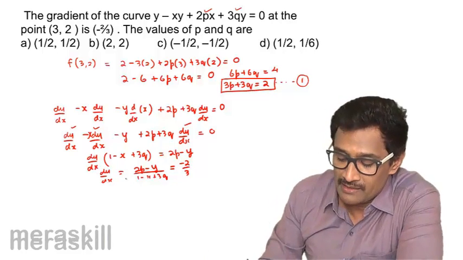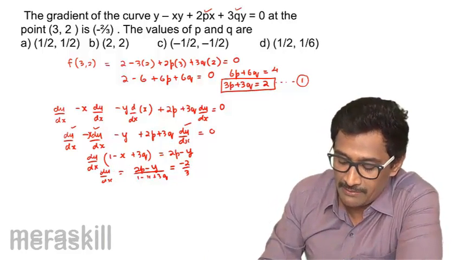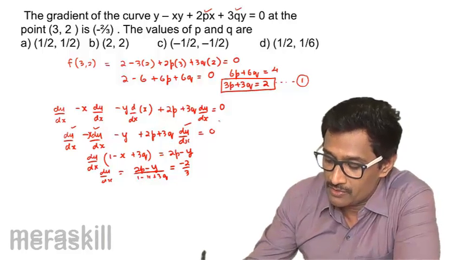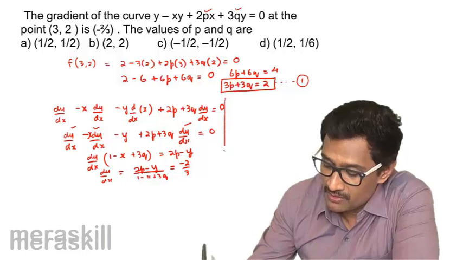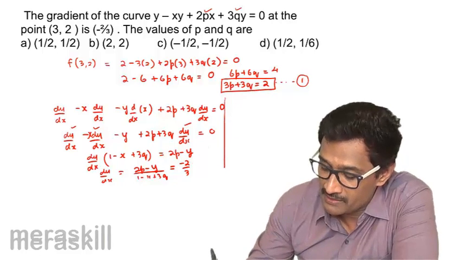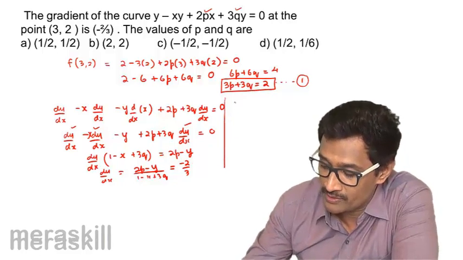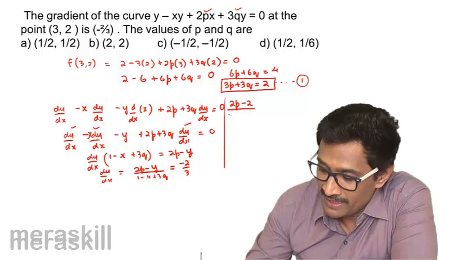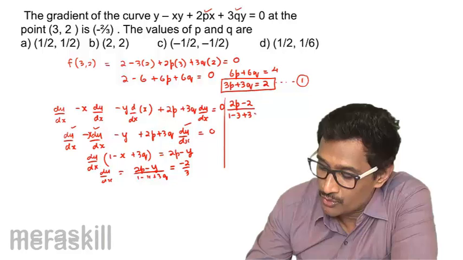So it's told that the slope of the tangent, that is dy by dx, is minus 2 by 3 at the given point. So now we need to get the other equation. So 2p when y is 2, upon 1 minus x, that is 1 minus 3, plus 3q is equal to minus 2 by 3.